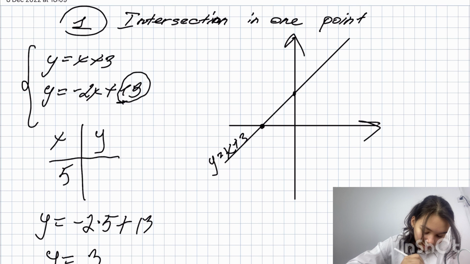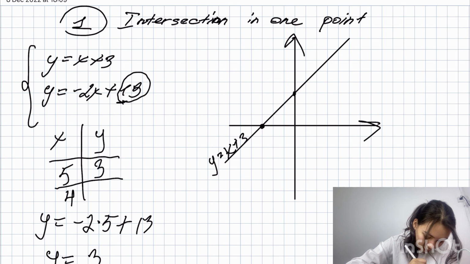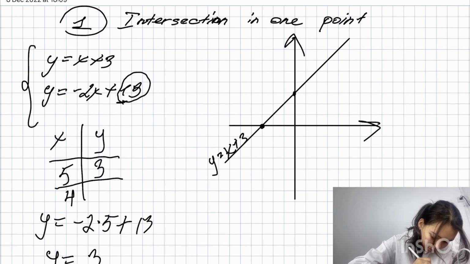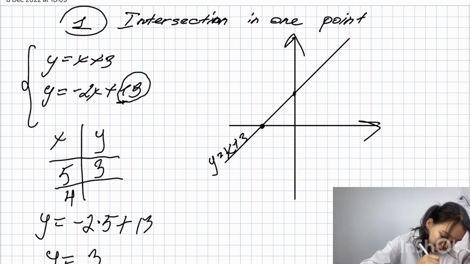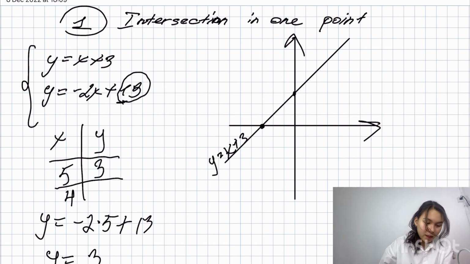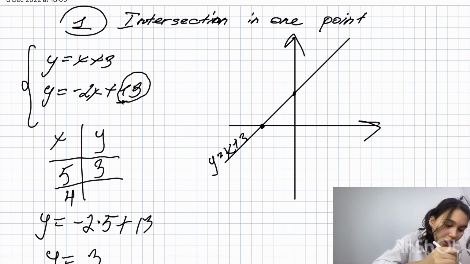And let's find the value when x is equal to 4. So y is equal to minus 2 times 4, so minus 8 plus 13 is equal to 5.